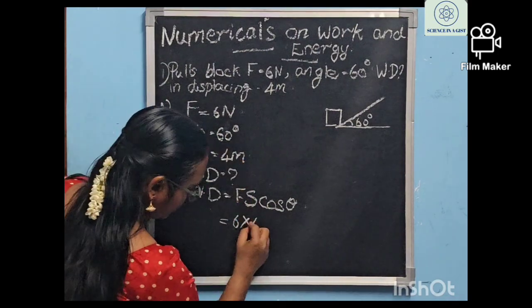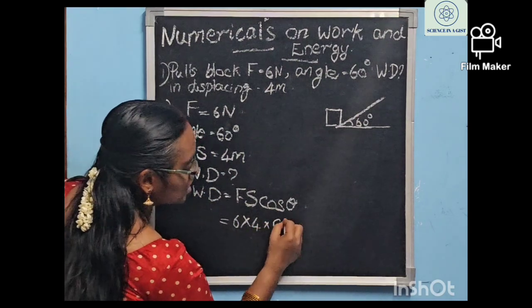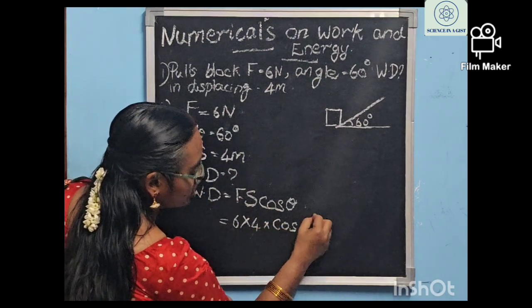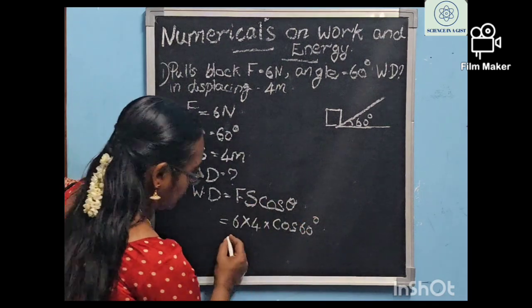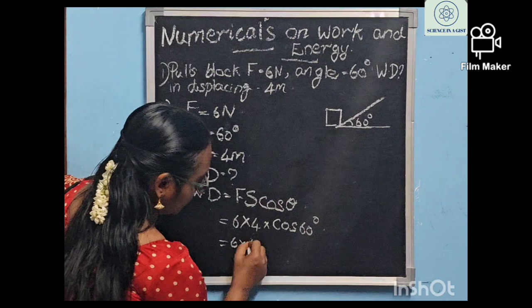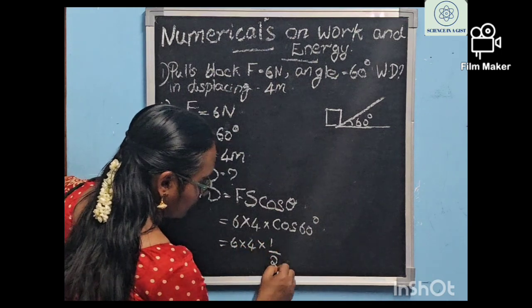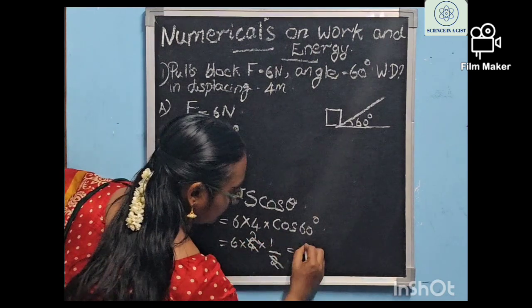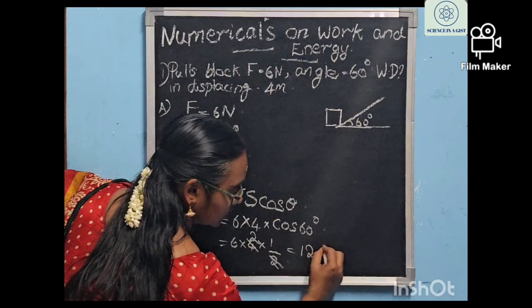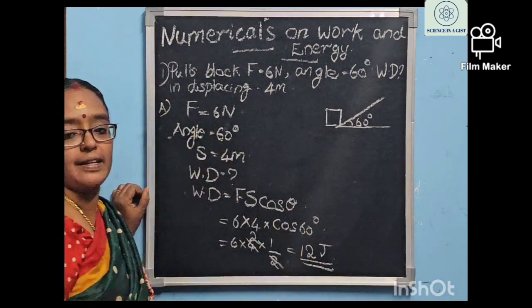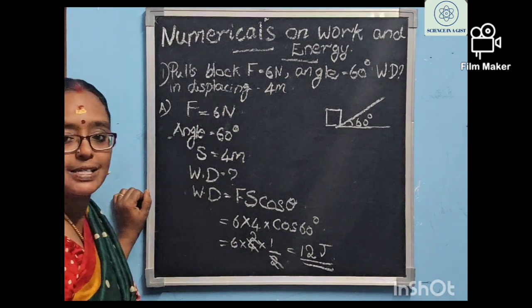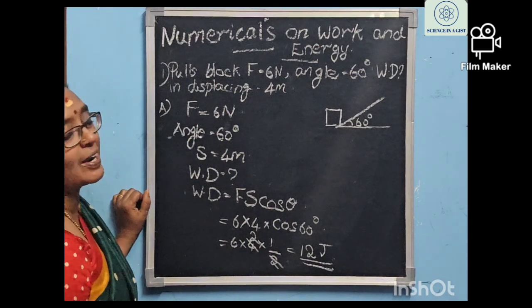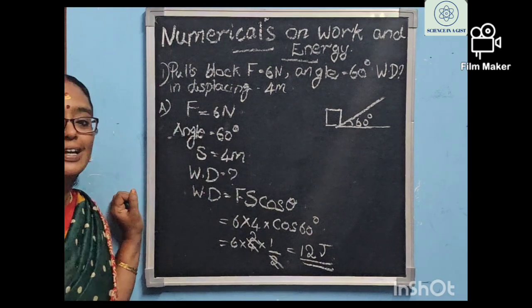What is S? 4. Cos 60 degree. What is cos 60? Cos 60 is 1 by 2, isn't it? That is equal to 6 into 4 into 1 by 2. 2 got cancelled. 12. 12 joule is the answer. I think this is easy for you. This is a simple problem and we have solved it. Can go for the second one.